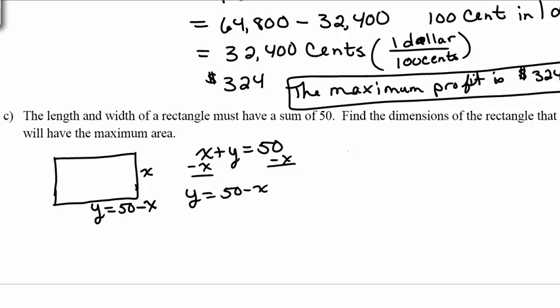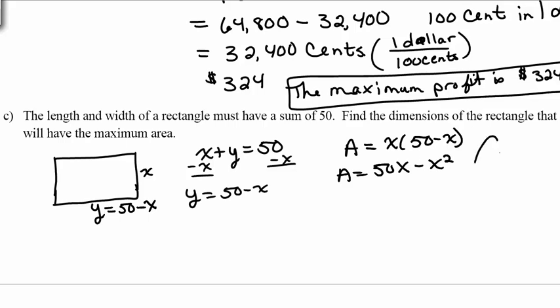Okay, so then the area in terms of x would be x times 50 minus x. And if we distribute this x, we get 50x minus x squared. So this is a parabola that opens down, so there is some maximum value, and we want to figure out what that is.